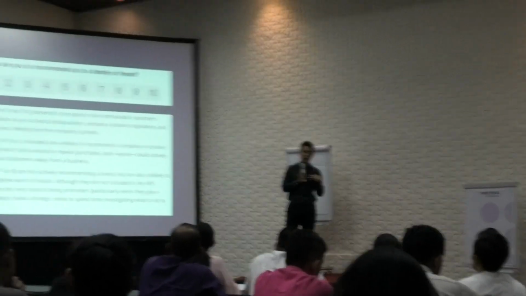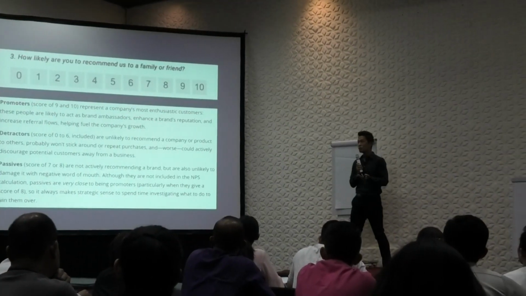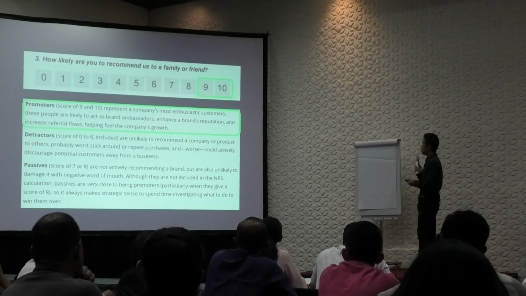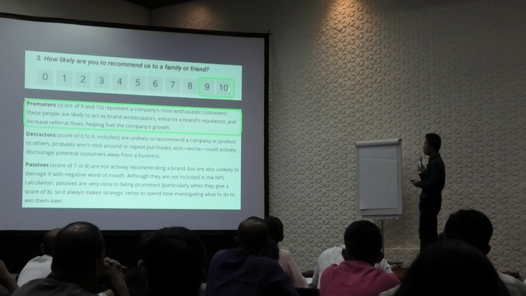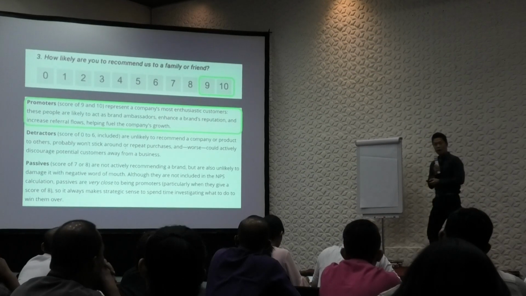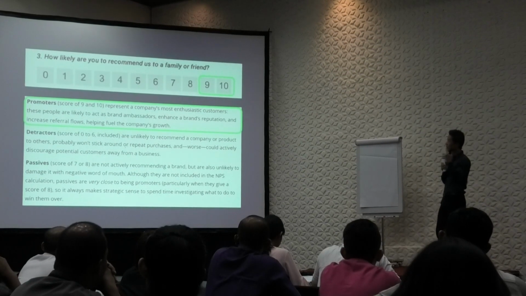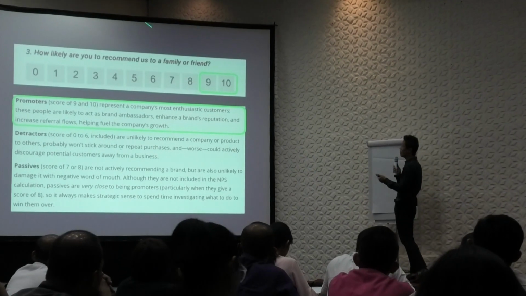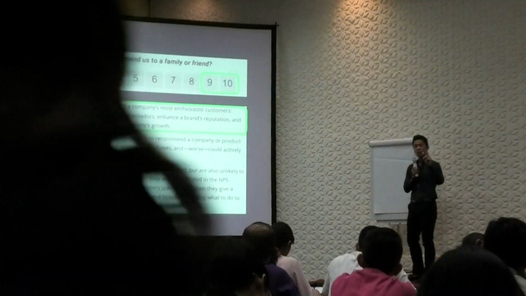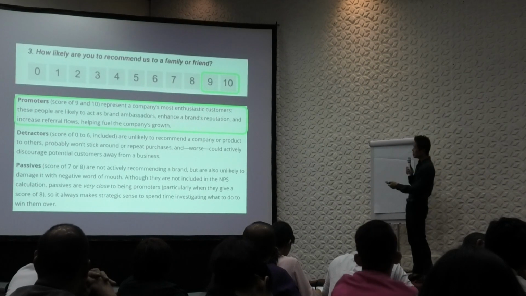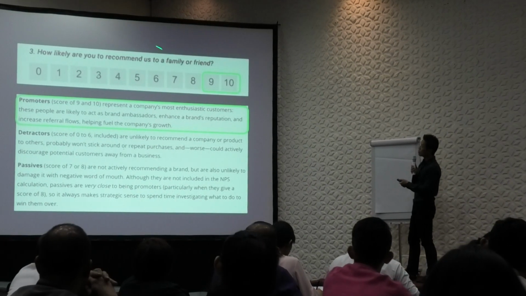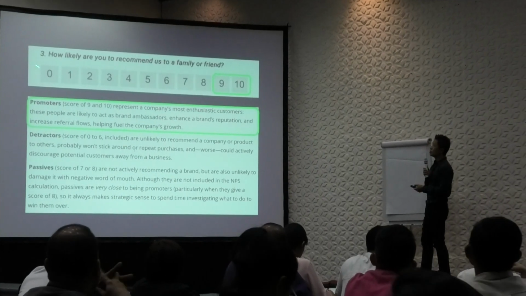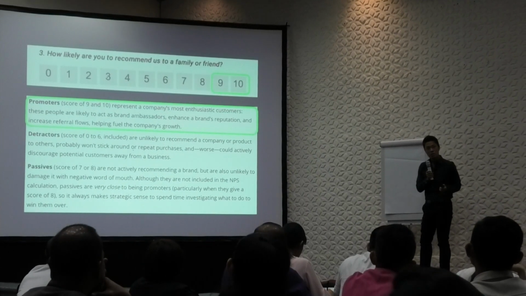So we need to know what promoters and detractors are. Once again, NPS is all about one question, right? How likely are you going to recommend us to your family or friend? NPS is starting with only one question, which is this. So when our customer receives this question, they have an option to give from 0 up to 10 points.